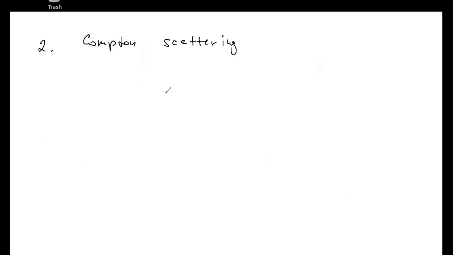When people talk about Compton scattering, you mean something like this. You have a stationary target like an electron, you have a pretty high energy light, maybe X-ray, and then you have scattering. Because of the interaction, the electron will go one way and the light will get scattered.